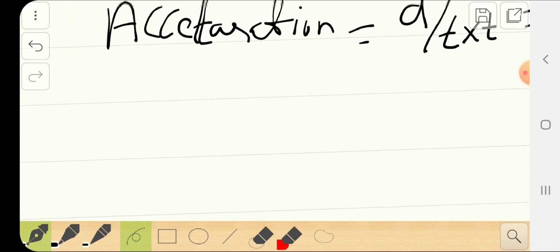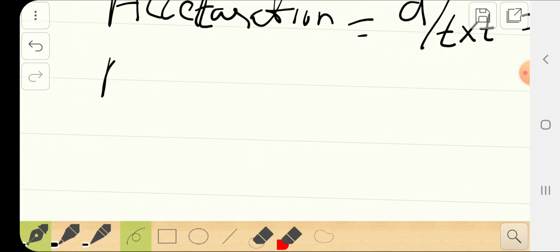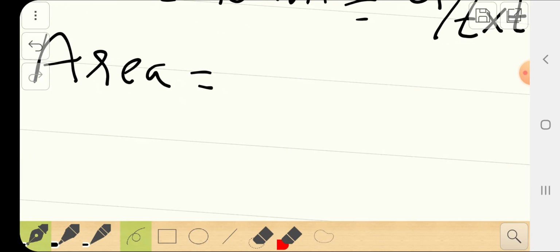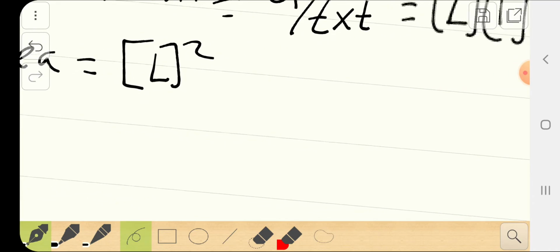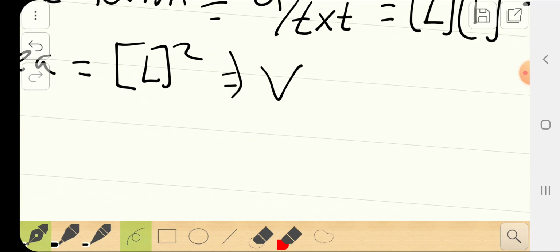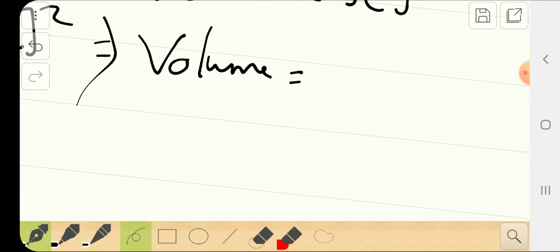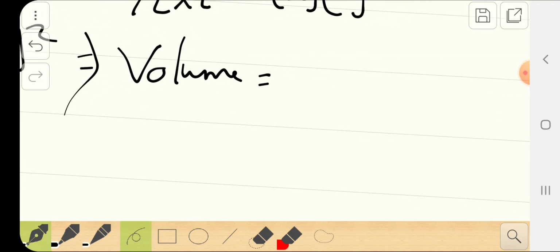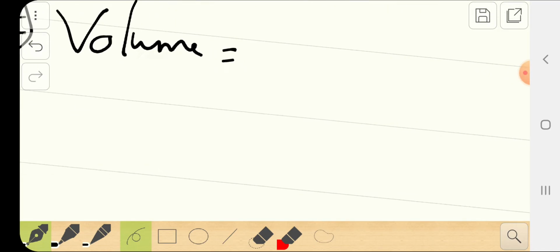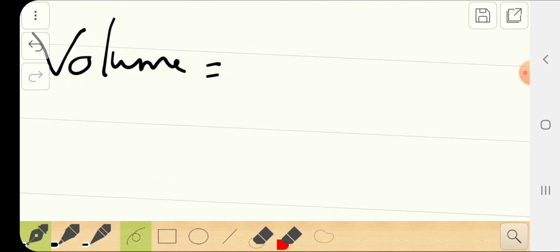And then you have area. You can define area, which is an easy one, right? Area is L squared. You can define volume. You can say you have 1 liter of something. That means it's a derived unit. So it's L cubed, right? That's easy.